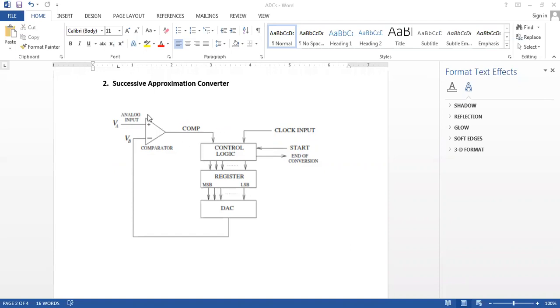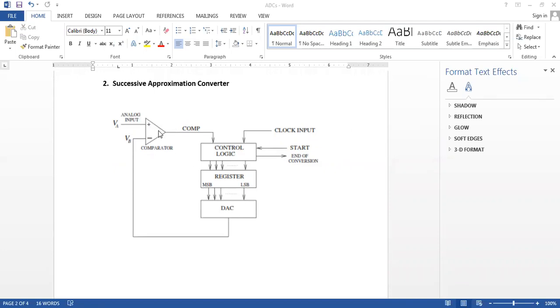It has a comparator similar to that of the previous converter. It has a control logic circuit, a register or a memory unit, and a digital to analog converter.